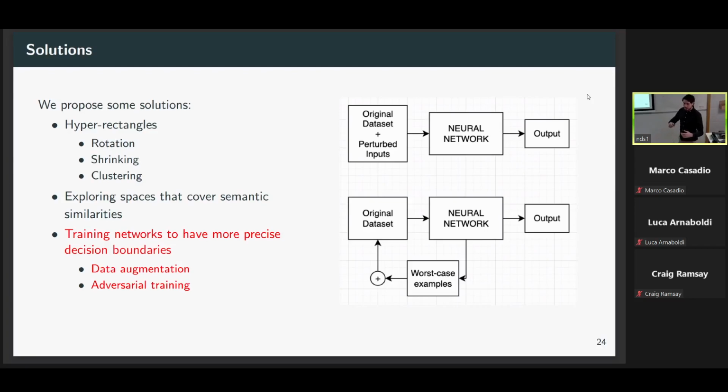So each epoch, instead of having the original data set plus static perturbations that don't take into account the weights of the neural network, you will have more intelligent perturbations, crafted to be the worst case possible, at least locally. And that should produce a much more robust network.